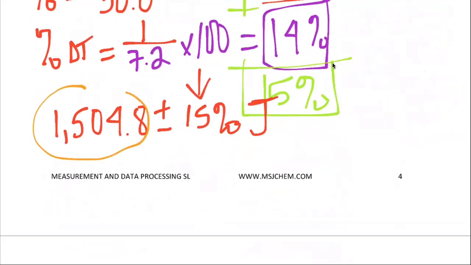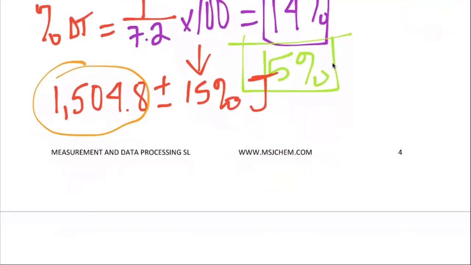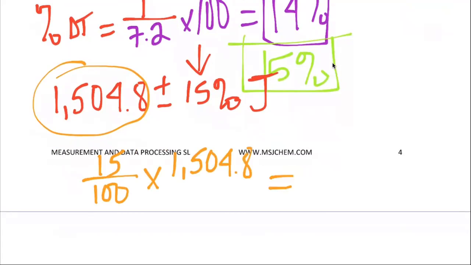I have to do a little bit of a calculation. I have to say, well, 15%, that's 15 out of 100, right? That's what a percentage is. So 15 out of 100, and I'm going to multiply that by my value that I calculated. I haven't done the calculation yet.